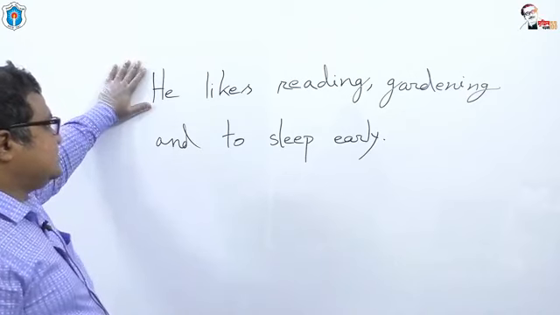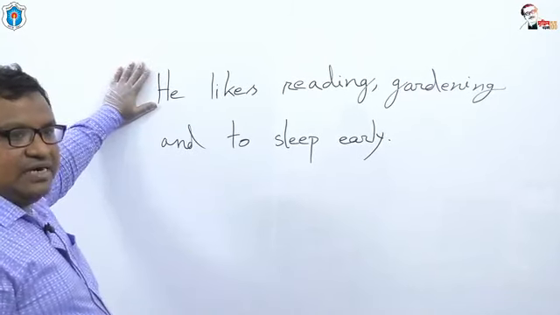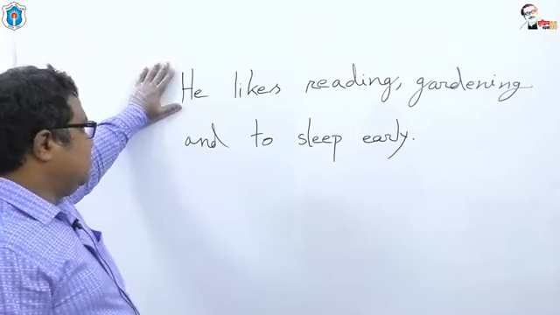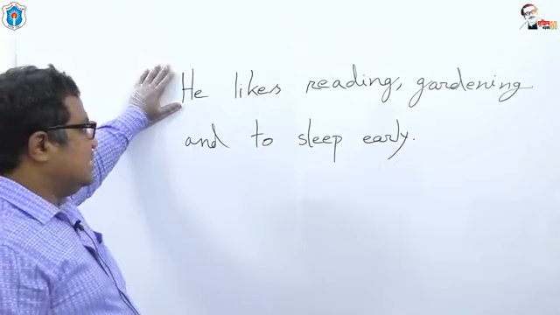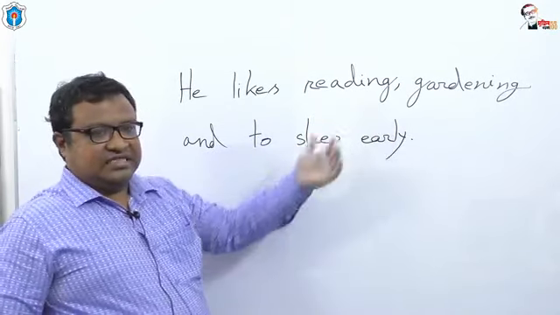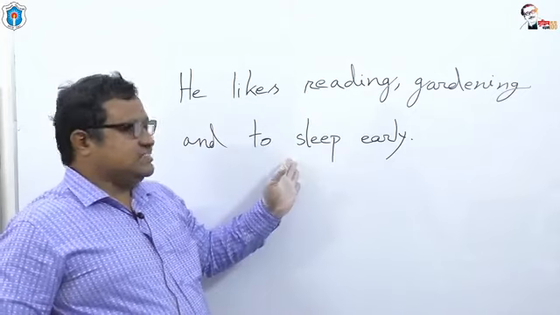He likes reading, gardening, and to sleep early. What is the problem with this sentence? The problem with this sentence is regarding parallelism. That is, when I am using present participle here, then I have to use present participle in all these sentences.